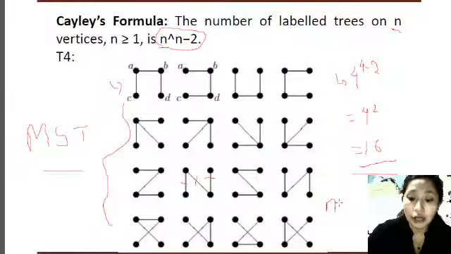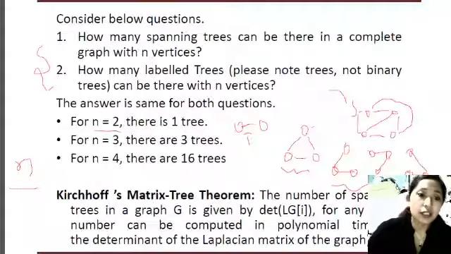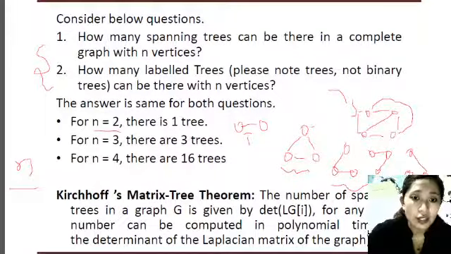It is going to take a very large amount of time, that is exponential time. But as per Kirchhoff's matrix tree theorem, we can use the determinant function. So the determinant of L(G) of i, with this one you can calculate the number of spanning trees for any graph with n number of vertices in polynomial time.